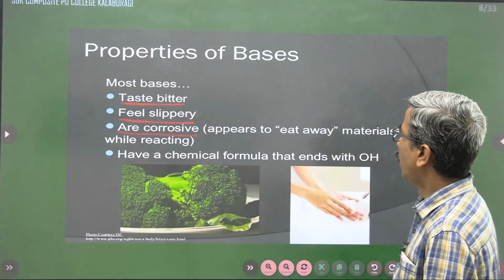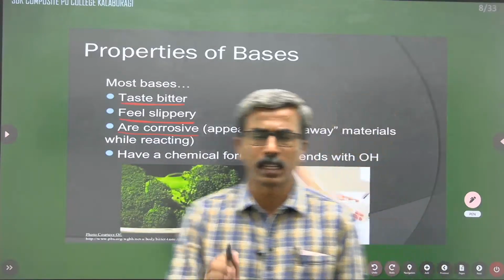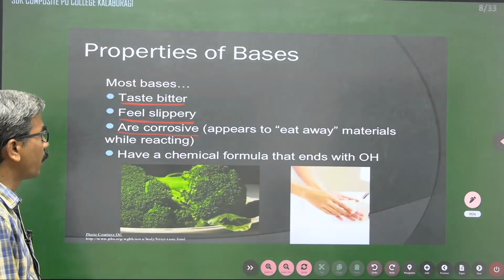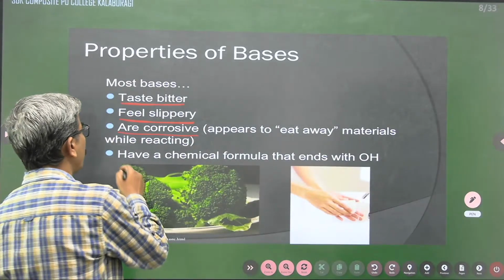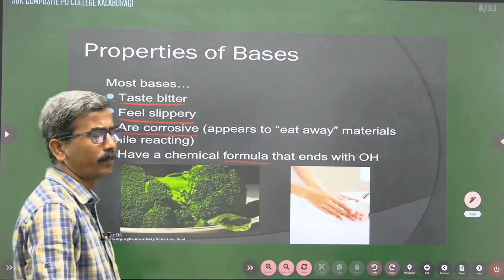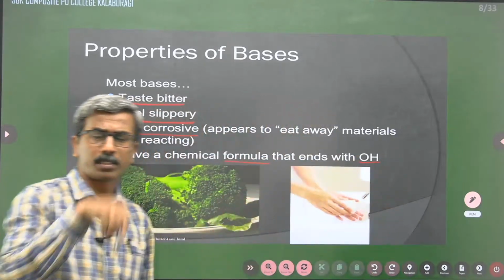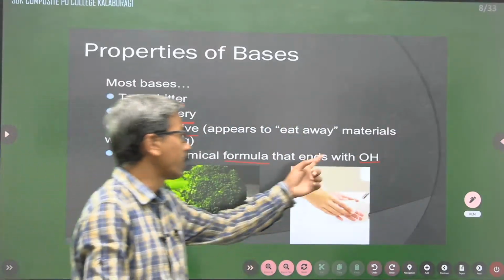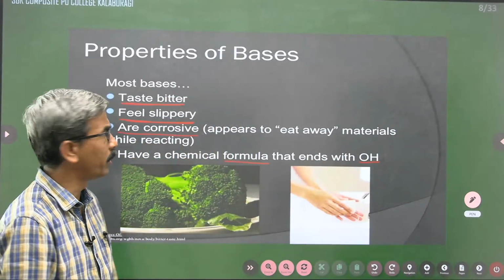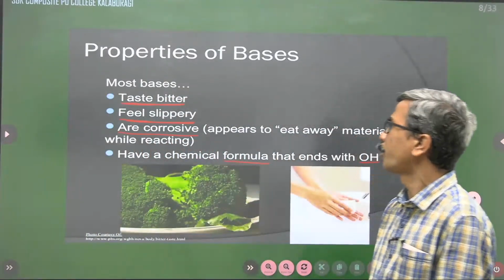In the case of acids, the chemical formula of any acid starts with H. Similarly, when you write the formula of a base, it ends with OH. So these are some common characteristic properties.